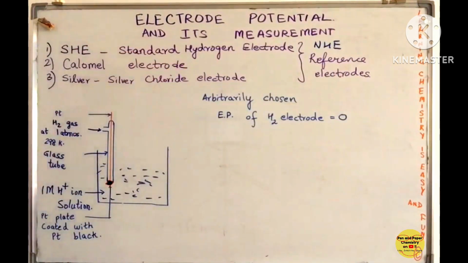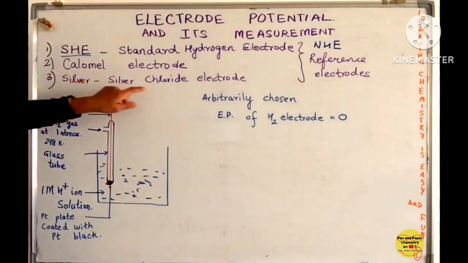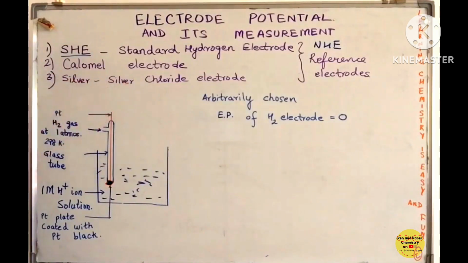NHE also stands for normal hydrogen electrode, although SHE is a more common term which is used. The other is the calomel electrode. Calomel is a word which comes from mercury. So as the name indicates, it pertains to a combination of mercury and its ions. Silver chloride electrode. Now presently we shall limit ourselves to SHE, that is the standard hydrogen electrode.